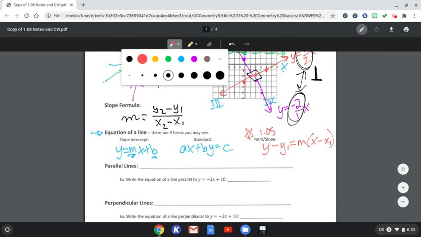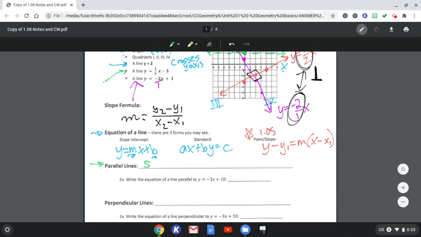We've graphed some parallel lines already, so I want to just remind you that parallel lines always have the same slopes. They rise and run at the same rate. So if we had to write the equation of a line parallel to y equals -3x plus 10, we would start with y equals, and as long as it has a slope of -3x, we don't really care what the y-intercept is.